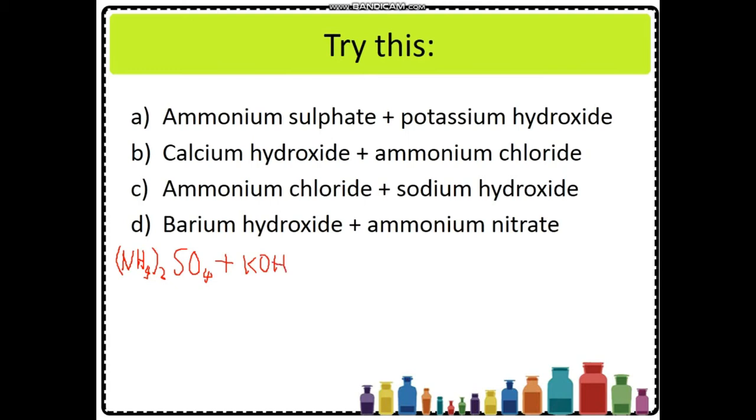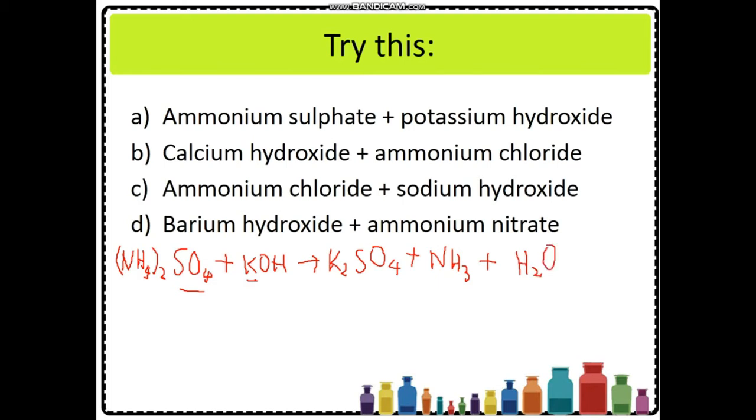We know that K plus will combine with sulfate ion to produce the salt, so the formula is K2SO4, plus ammonia gas NH3 plus water H2O.